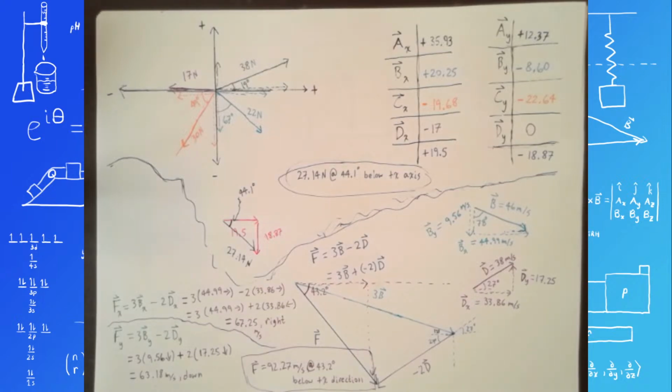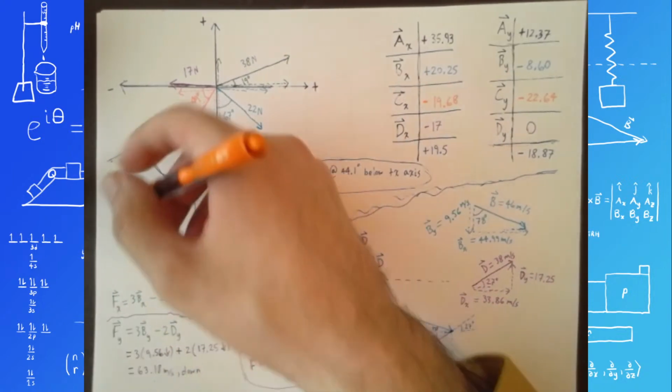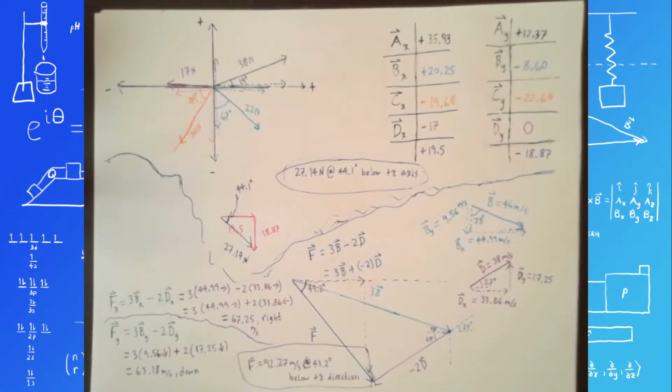So what I'm going to do is just take one of these vectors, b or d. Let's do b, and let's take a look. Well, actually, maybe I'll just draw a brand new vector. I'll do orange, and I'll use that little bit of unused space over there for it.